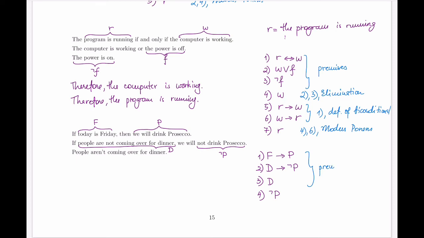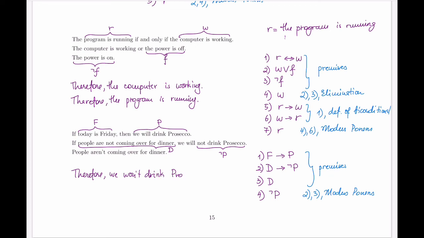Apologies, I forgot to mention that these are my premises, and this is concluded by 2, 3, and modus ponens. So one of my conclusions is not P. So we will not drink the Prosecco. So therefore, we won't drink Prosecco.